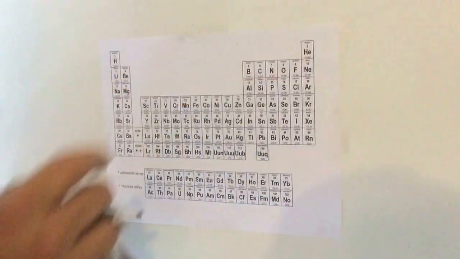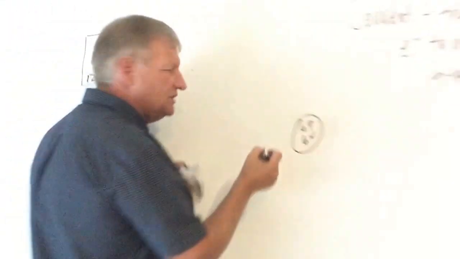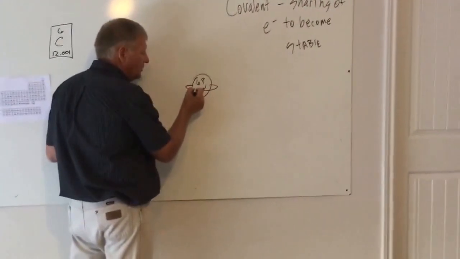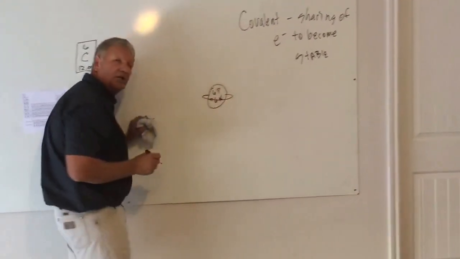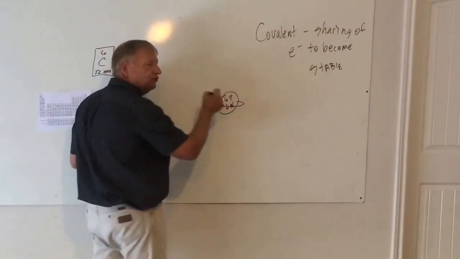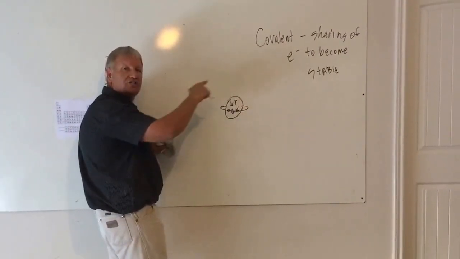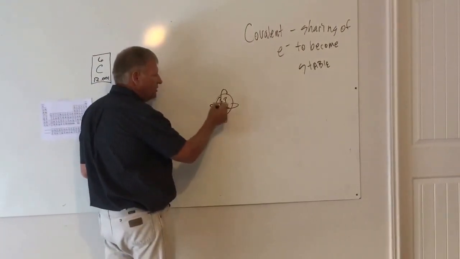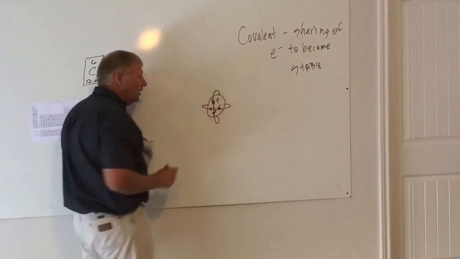2s2. Let's come over here. What that means is this. Here's the S. There's 2 electrons here in the first S. But carbon, since it's in the second period, also has 2 s orbitals. So I have 1, 2, 3, 4.